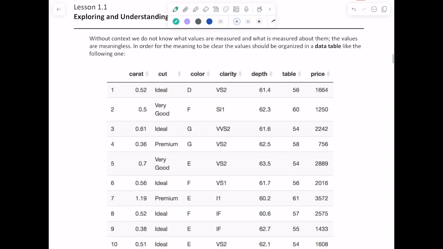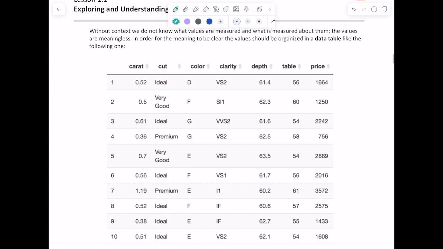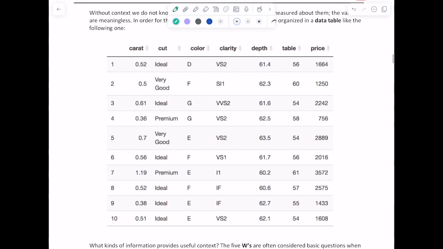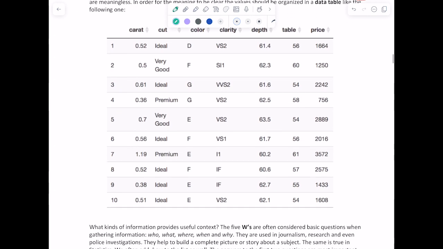Okay? So context is very important. In order for the meaning to be clear, we need to organize our data. And we like to organize in table form. So you can see here, now we have this top row telling us what each of those columns represents.